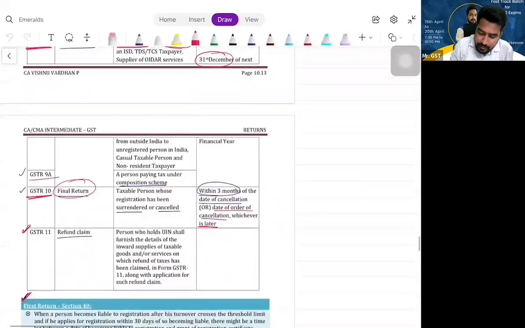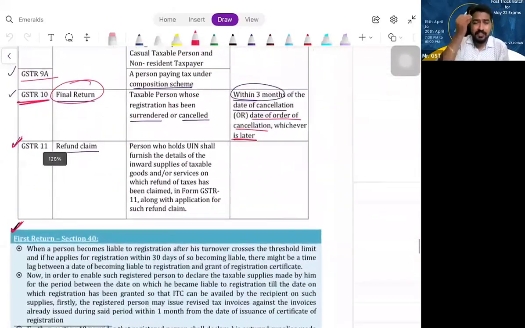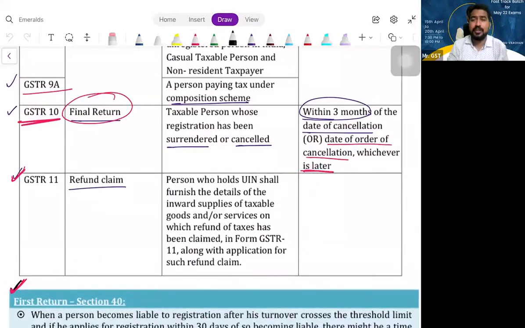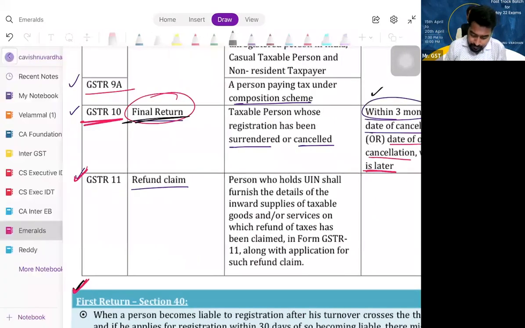Already the table given itself is very small and you have forgotten the table. Within 3 months from the date of cancellation or date of order of cancellation, whichever is later. Within 3 months. Right. Yes.